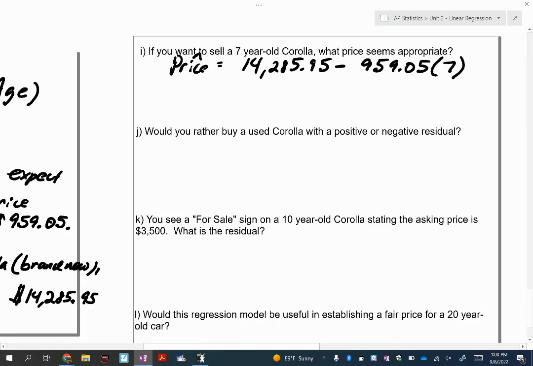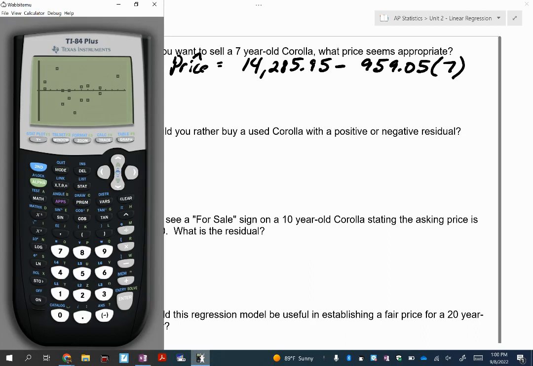Now, again, this is the kind of cool thing. We stored it. If you just go to second quit and you hit vars, go to the Y-VARS function, hit y1 parentheses, and plug in 7, it will spit out what it should be.